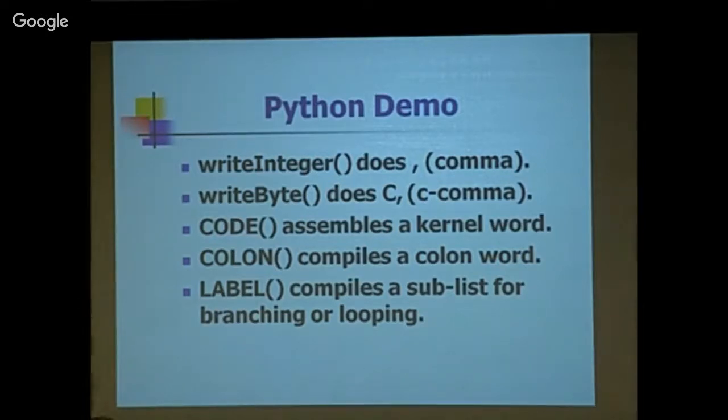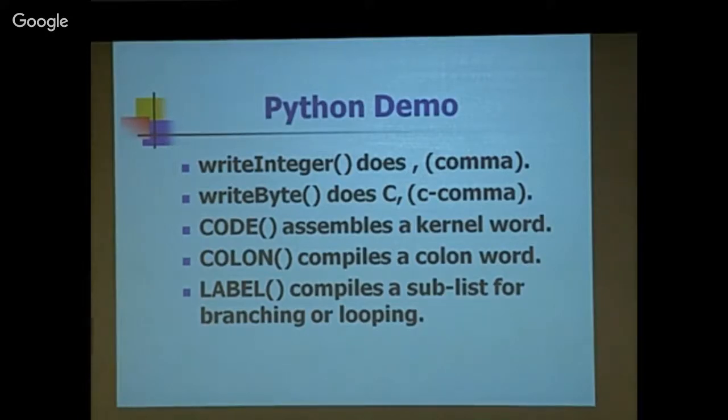Okay, so when the code routine is executed, it returns a value, and this value is assigned to a variable, and this variable will be invoked when I compile the token list in a colon definition.